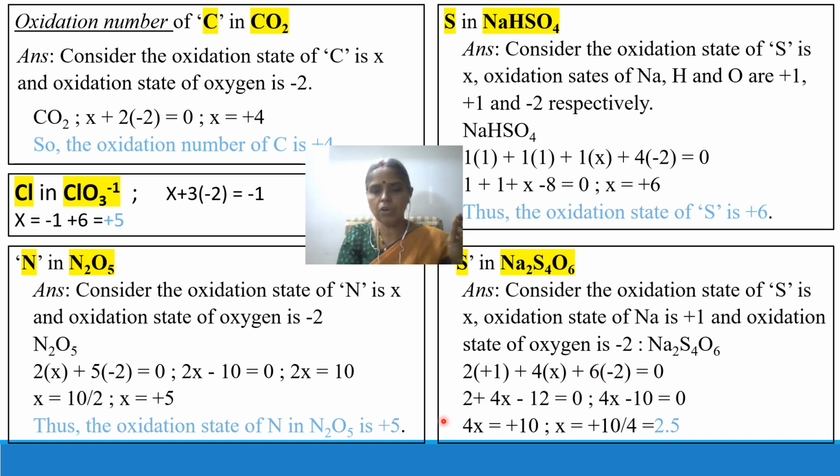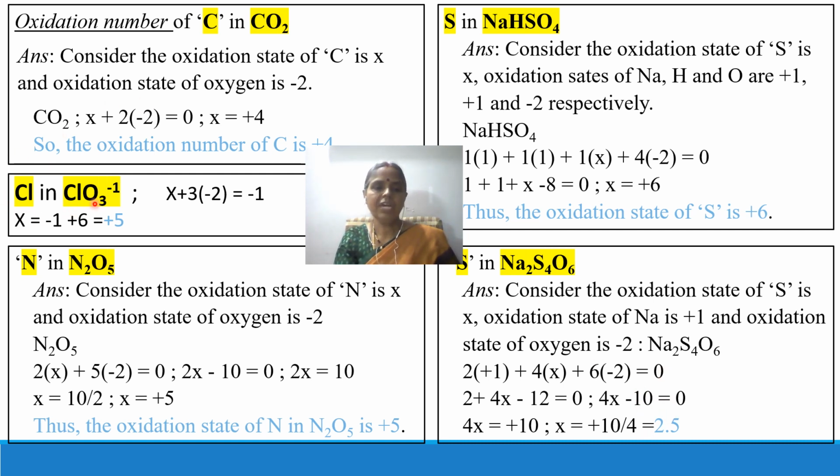If you solve it, you get 2.5 as the answer. Oxidation number can be a fractional number also. For the same sulfur in NaHSO4 it is plus 6, while in Na2S4O6 it is 2.5.